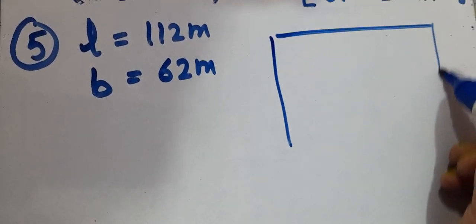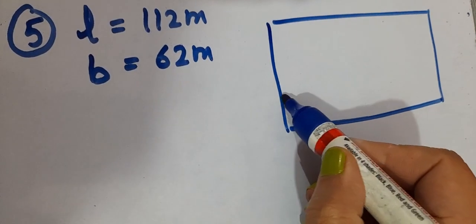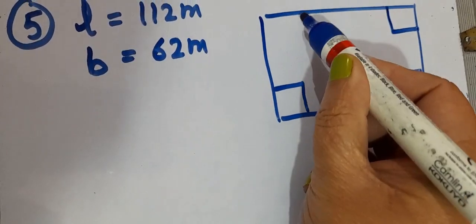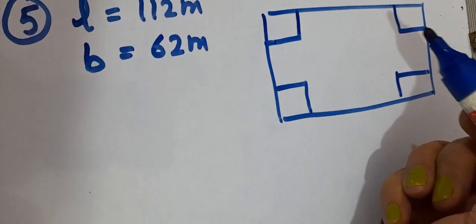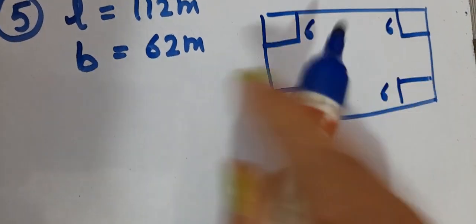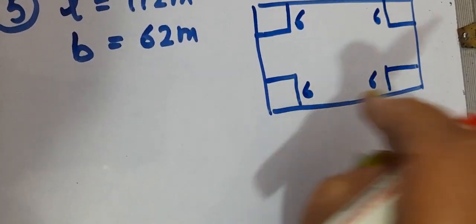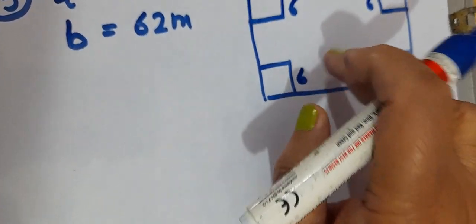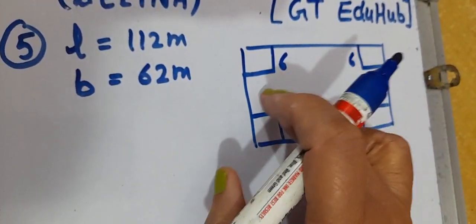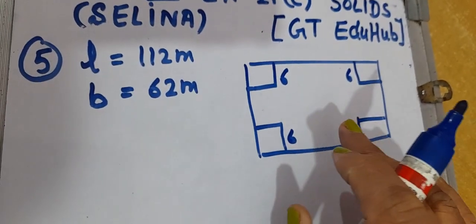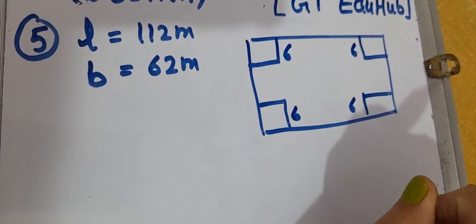So we are given this rectangular field and we have to dig pits of 6 meter side on each of the 4 corners, 6, 6, 6 and 6. Whatever earth is dug from these, we have to apply over the remaining area. You have to find, when we spread the earth dug over this portion, what is the rise in the level of the field.